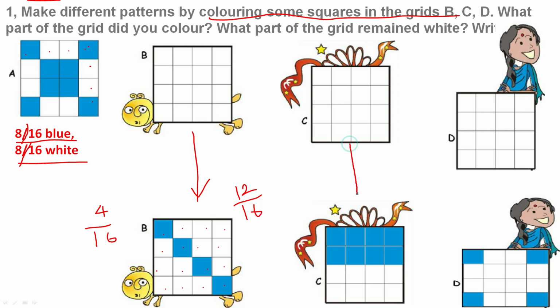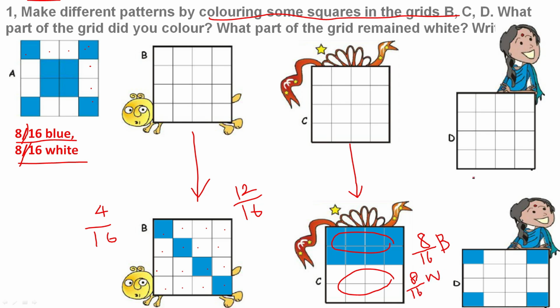In C, you can find 8 blue and 8 white. So what fraction can we write here? We can write 8 by 16 blue and 8 by 16 colored white.